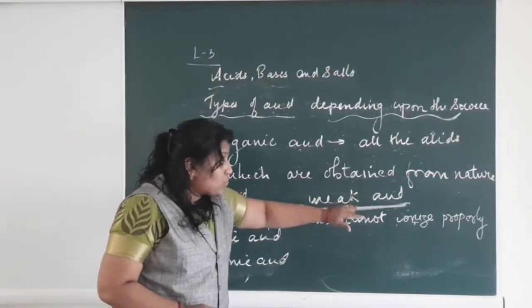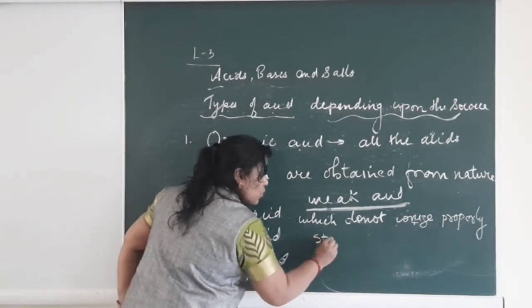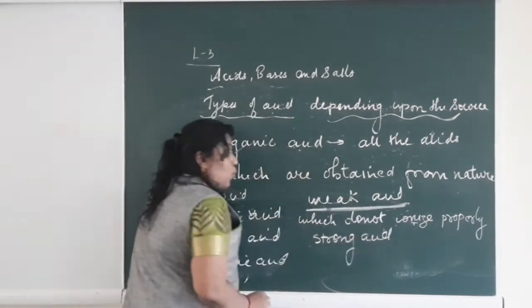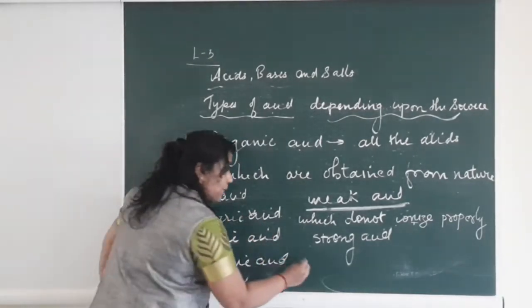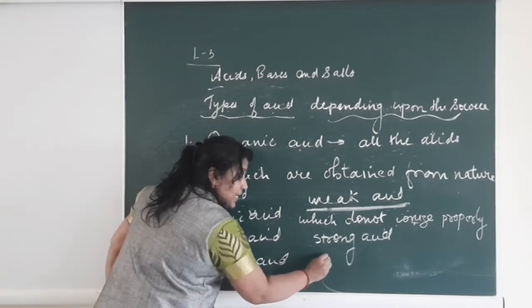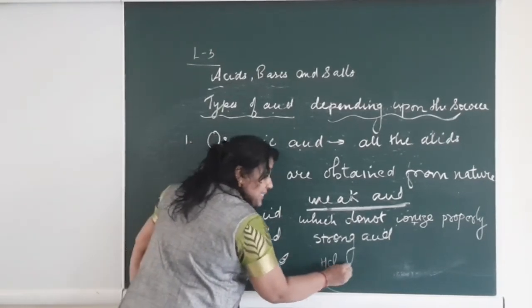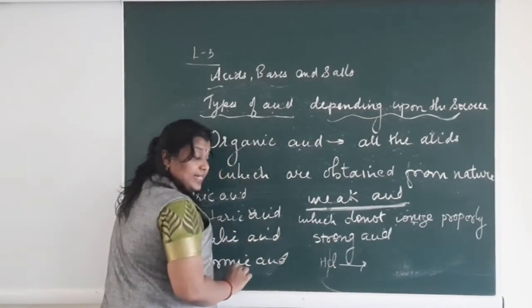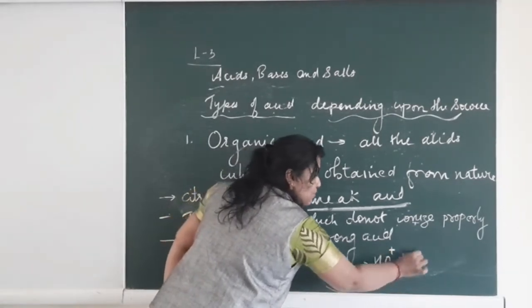You can also guess what strong acids mean. Strong acids are those acids which produce more amount of hydronium ions. For example, HCl, hydrochloric acid, in the aqueous solution completely ionizes, and it gives you hydronium ion and Cl minus ions.